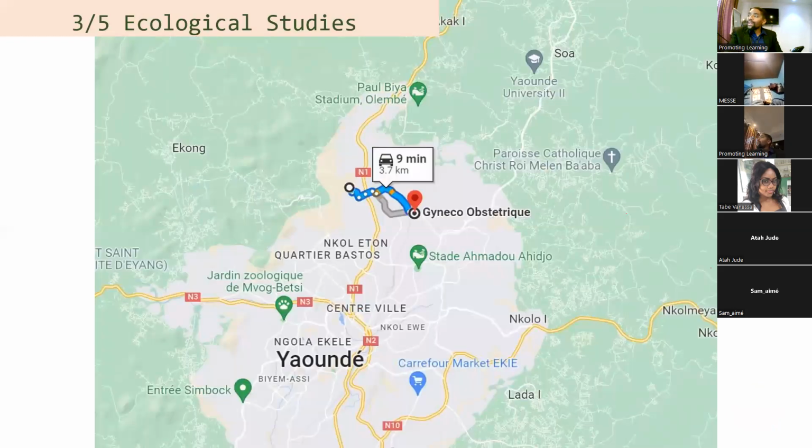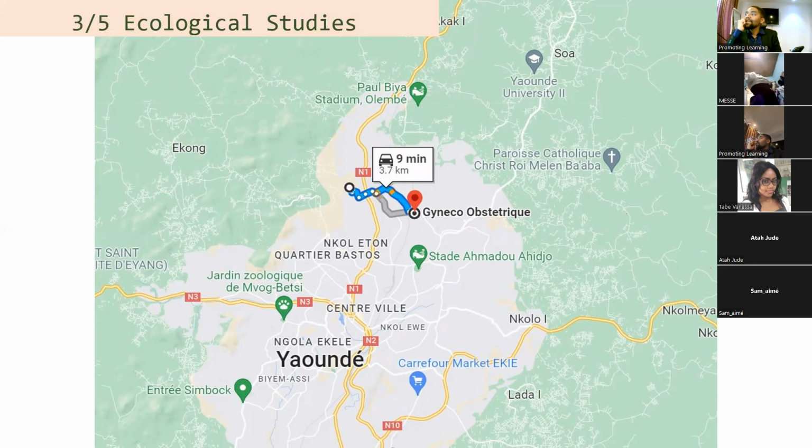Another example of an ecological study was seen in Nadine's study. If you follow us or subscribe to our YouTube channel, you'll see a very small summary of about 4 minutes that I made of a student who worked with me about 2 years ago, Dr. Fuda Nadine. Maybe some of you know her. She was looking at loss to follow-up at Hôpital Gynéco-Obstétrique.